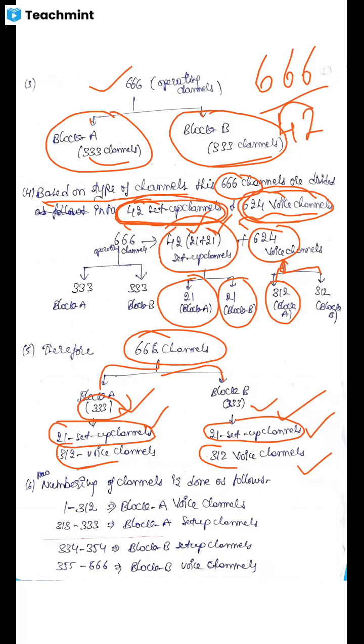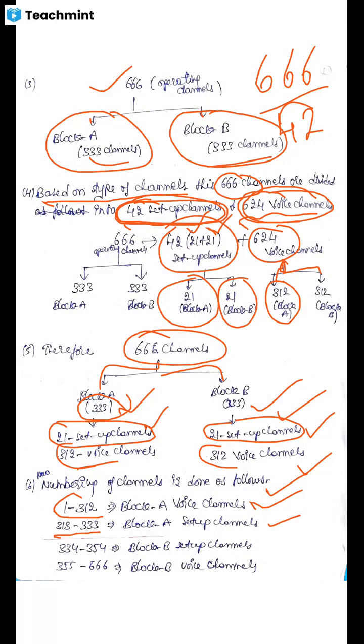Finally, the numbering of channels is done as follows. Channels 1 to 312, that is 1, 2, 3, 4, 5, 6 up to 312, are assigned as voice channels in block A. And the remaining 313 to 333 are assigned for setup channels.